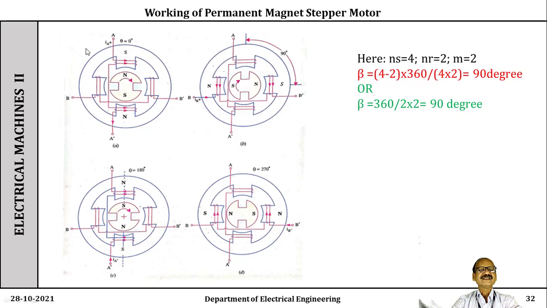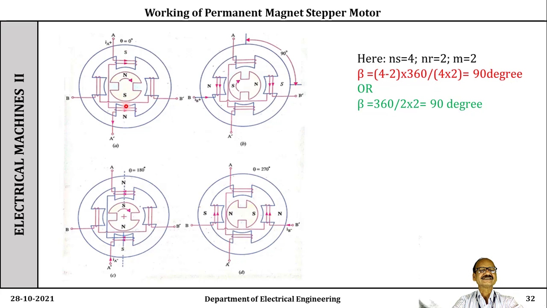Now when we excite on either side, A plus, that means the current flowing through the winding is IA plus, and according to the sense of current flowing, it produces the north pole and south pole. Look at figure A. When current is passed through A, the direction of current is clockwise looking from this side, so it generates the south pole here.